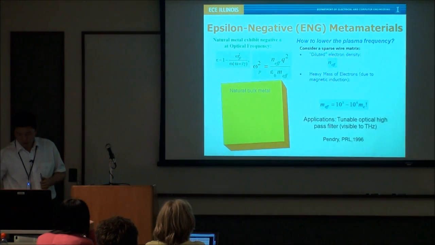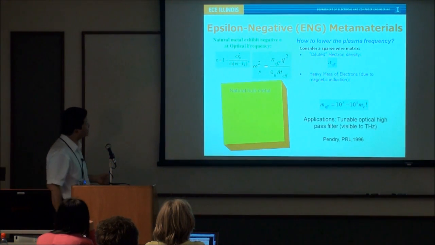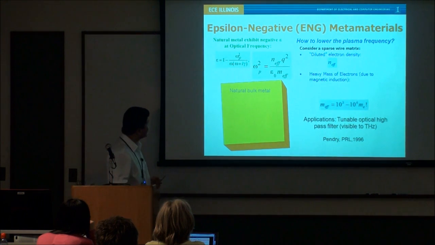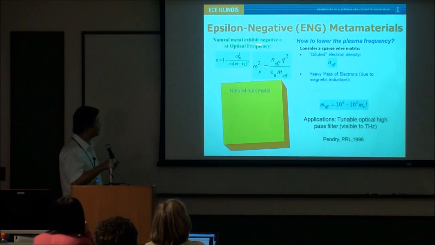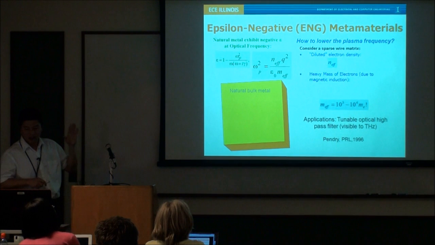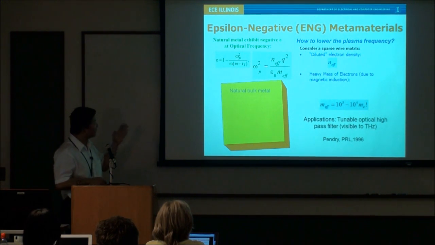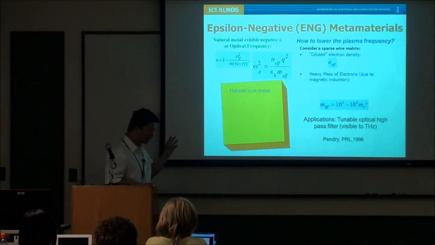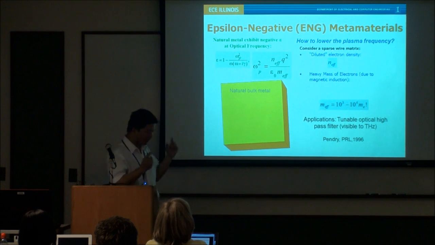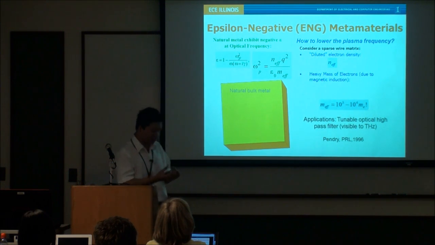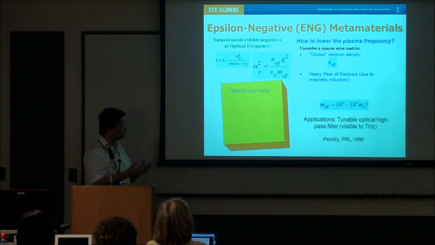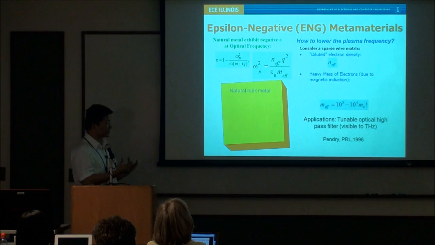So to have that, for the natural metal, it actually already exhibits a negative epsilon at optical frequencies. So what we want to do is blend this metal with the dielectric together so that we can not only have the negative epsilon, we also can have the negative mu at the same time.